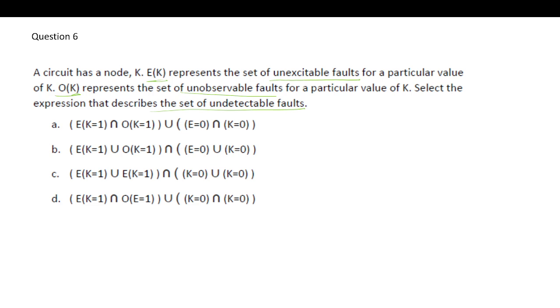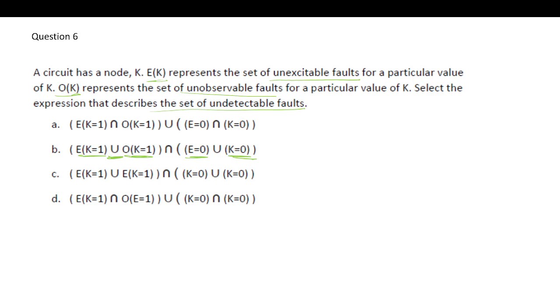E of K when K is 0, and these we perform the union operation, because both unexcitable and unobservable faults will be masked.